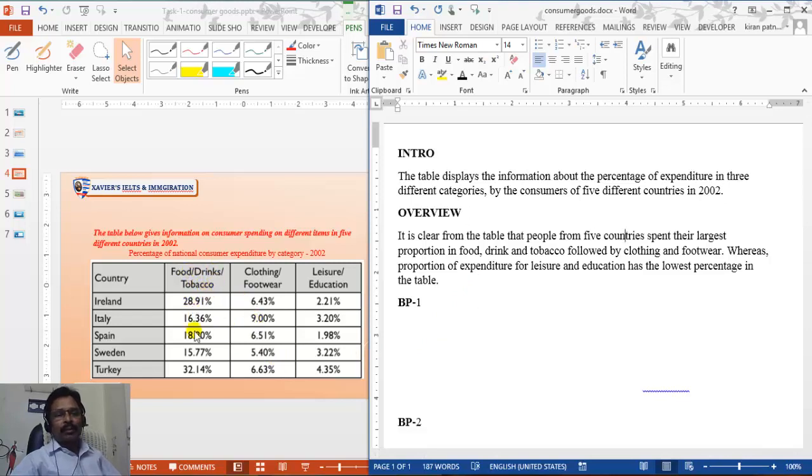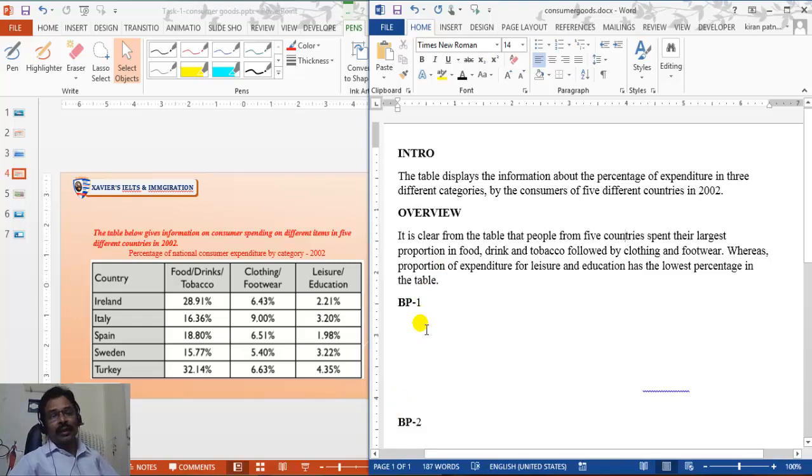Food, drinks and tobacco, the maximum proportion, followed by the second category, this one. If you compare the table, you will see these 2 main things, and then the last one is leisure and education, which they are spending the least. So that is what I've mentioned here without any figures, just summarized the entire thing in this overview.